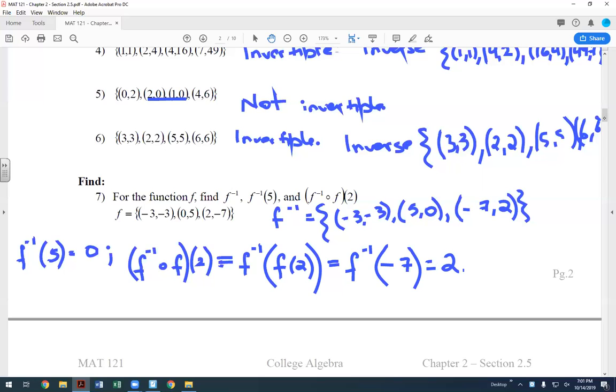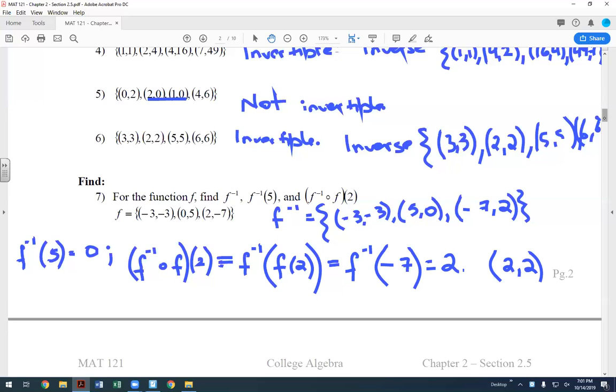And now you have stumbled upon a second property, I guess, of inverse functions: when you compose an inverse function with the original function, you get an identity. So we started out with the 2, and we end up with that same 2. So this ordered pair is going to be 2 and 2.